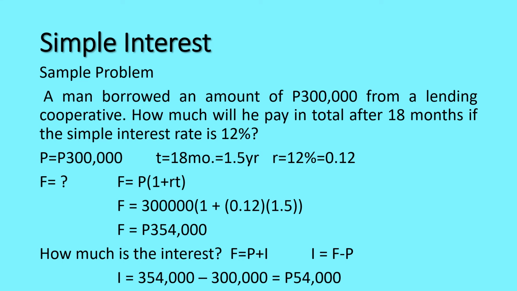So that is the total simple interest earned by the money borrowed by a man at a rate of 12% after 18 months, or 1.5 years.